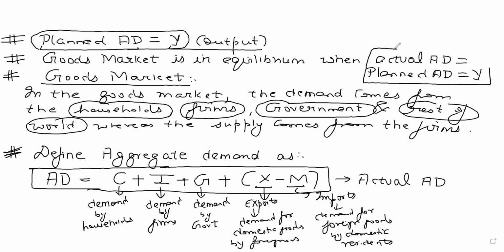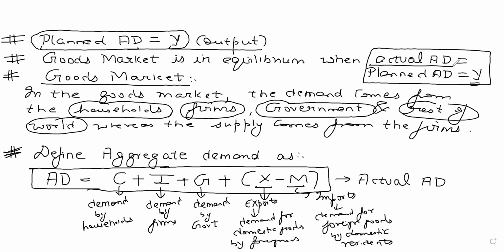So this is the condition for goods market to be in equilibrium. Whatever I plan meets the actual. The output I produce should be exactly equal to the actual aggregate demand.